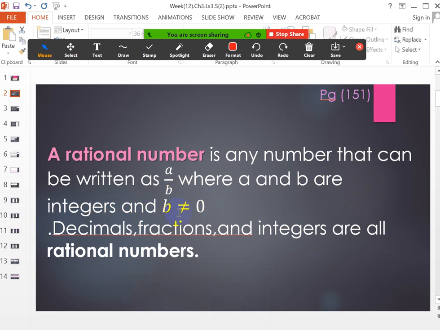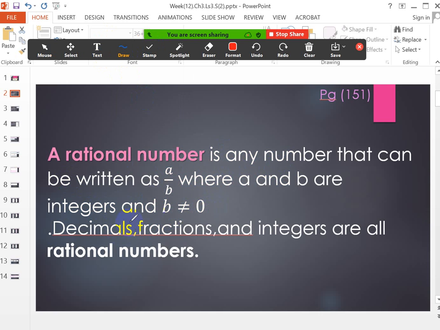Also, you have a condition here: B unequal to 0. So any number I can write as A over B, where A and B are integers, negative or positive, and B is not 0, we name it a rational number.